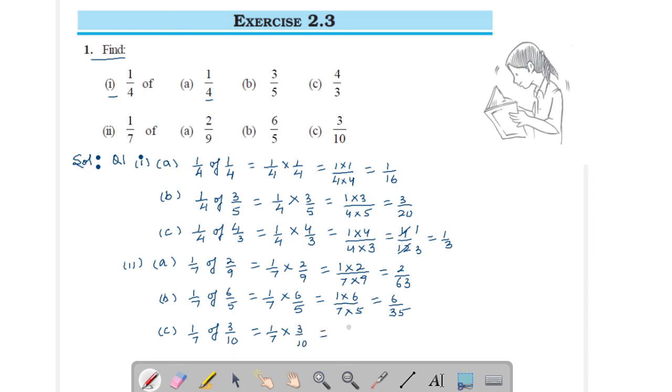Now multiply numerator by numerator, that is 1 into 3 upon 7 into 10. Multiply it, 1 into 3, that is 3 upon 7 into 10, 70. Your answer is 3 upon 70.